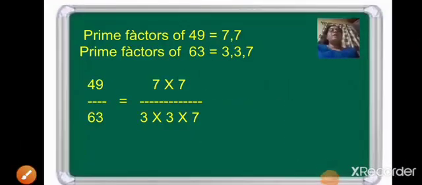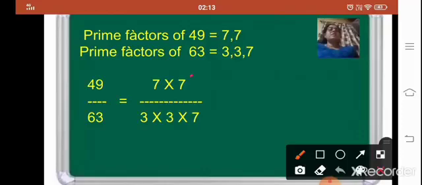Here I have written the answer for you. Now you can cancel the common numbers, that is 7 and 7. So your answer is 7 upon 3 3s are 9. So this I have reduced to the lowest term.